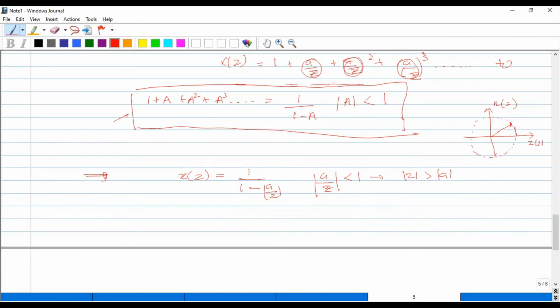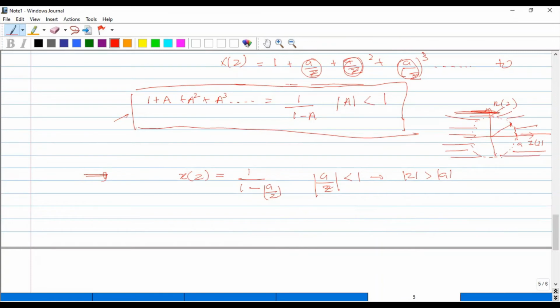So if a is here, all the values inside this circle are not in the region of convergence. Other than those, all other values we can get as z values, and for those values the z transform will converge.